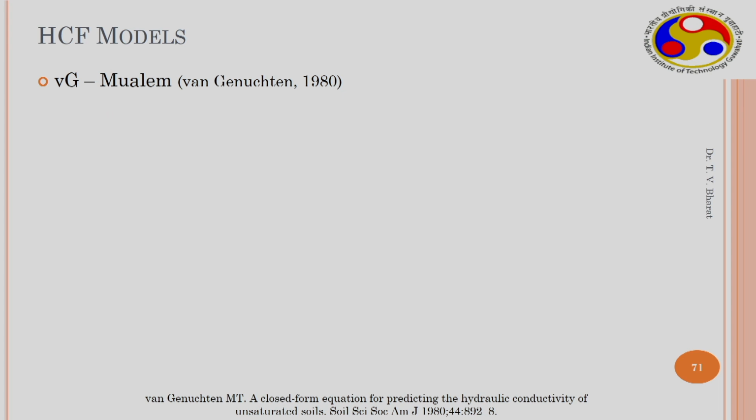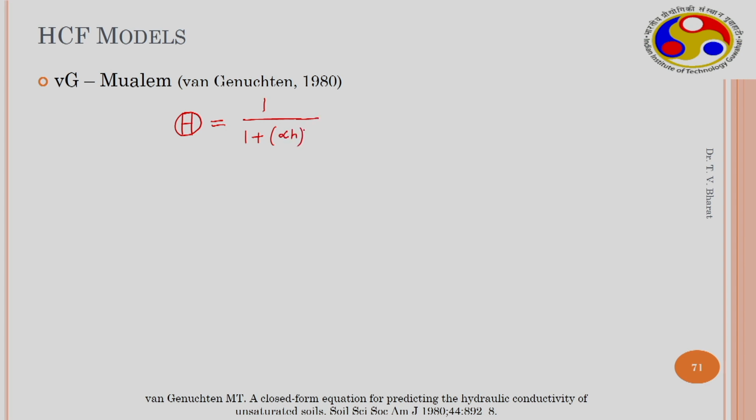So in this model, the van Genuchten model we have earlier written, theta is big theta, which is normalized volumetric water content, which equals 1 by 1 plus alpha h.